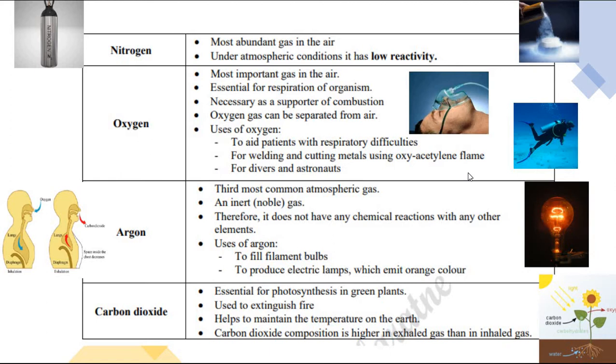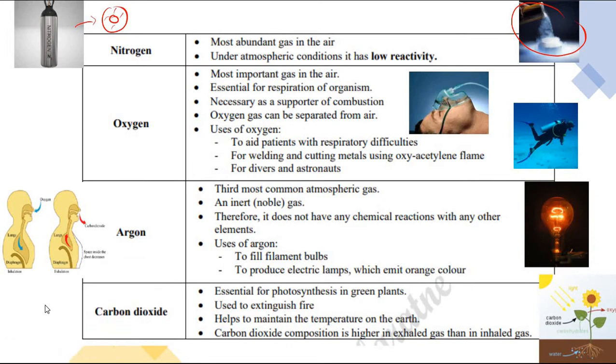Starting off, we'll talk about nitrogen, which is the most abundant gas in the air. Normally nitrogen under atmospheric conditions has a very low reactivity. We use nitrogen to fill vehicle tires and stuff, and also as a good coolant, especially liquid nitrogen.